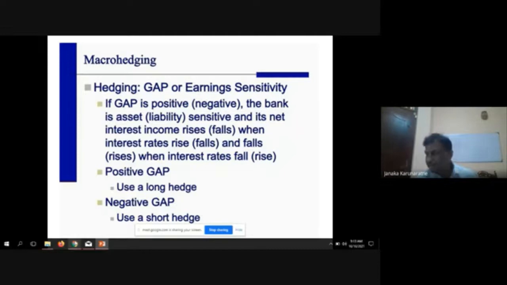What is the risk when you have a positive gap? I think all these things we covered two weeks ago.